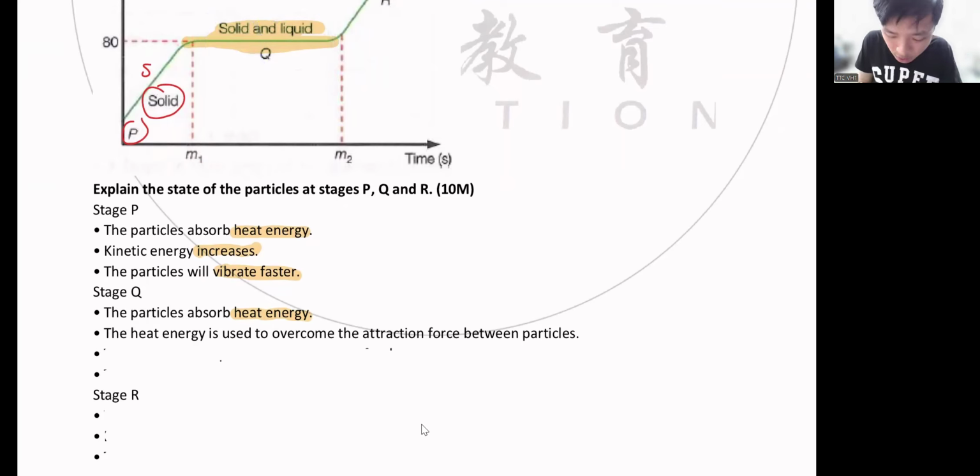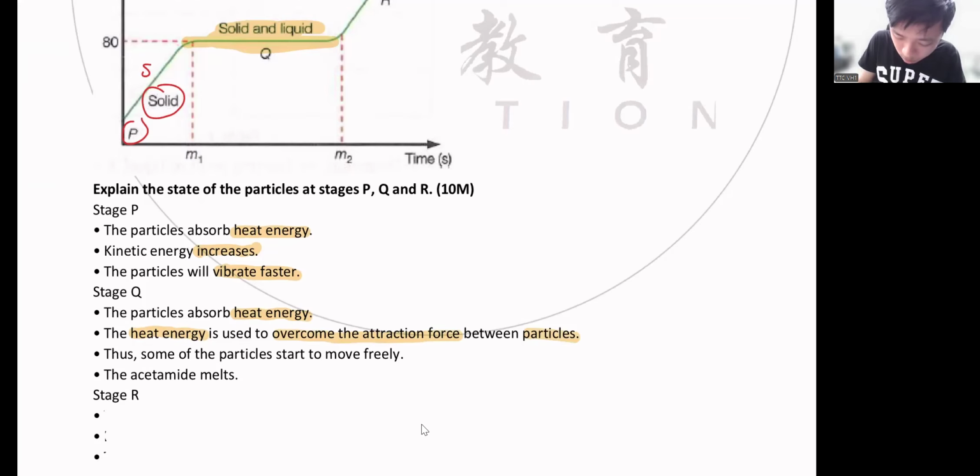So you can say heat energy is used to overcome the attraction force between particles so that they start to move freely. Some of the particles, not all, slowly start to move around. Then it starts to melt and slowly become liquid.